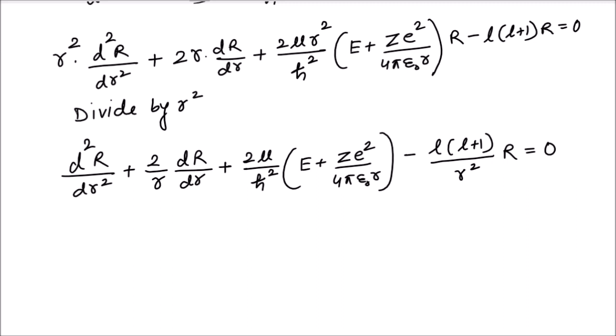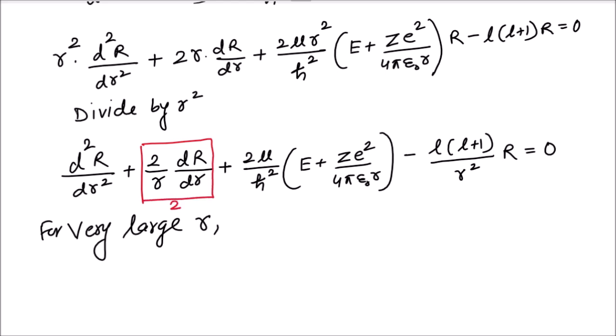Now see this equation, we can't solve it straight away, but suppose we take a very large value of r. For very large r, what happens? The second term and the fourth term are forced to be 0 because they are reciprocals of r. So r is very large, these values are very, very small, and we can take them as 0.